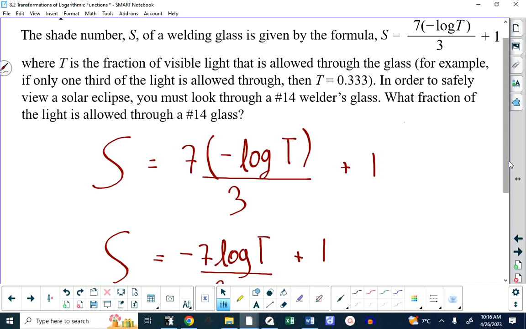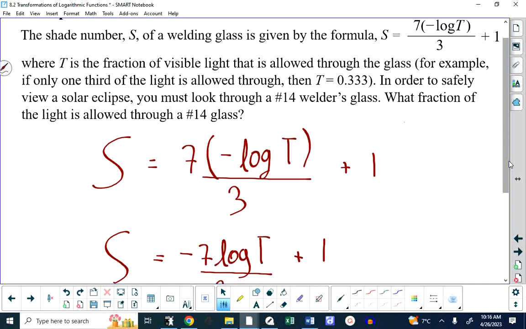I mean, you don't look at the sun unless you're an idiot, or unless you want to lose your eyesight and permanently have blank spots in your vision. But a number 14 welder's glass will block out a huge, huge amount of light. And what we're going to determine is the proportion of light it blocks out.